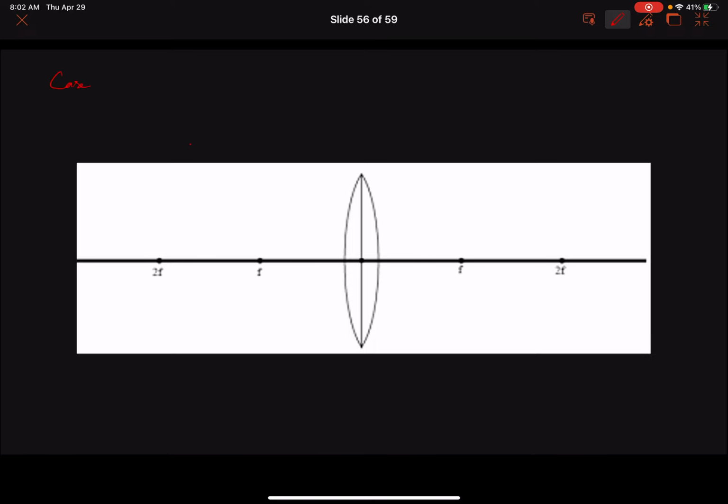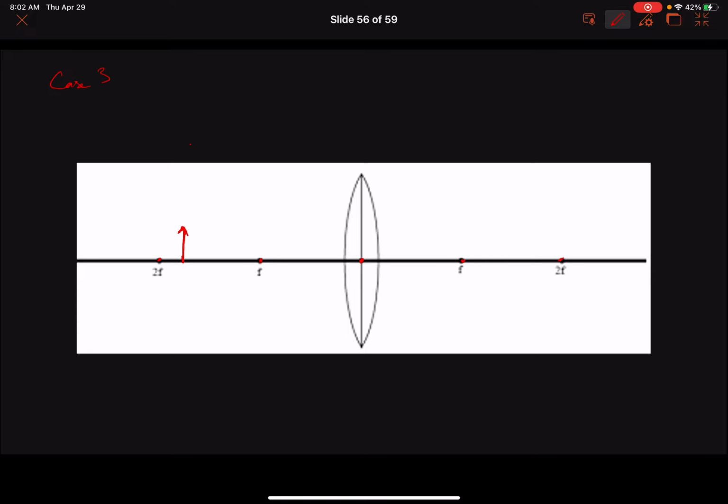Case 3: we're doing it where we have some sort of image in between 2F and F. Either way, you need some sort of way to have a clear version of this. Because of these measurements, 2F needs to be exactly double F. These need to be measured lengths. They need to be all exact whenever you actually do these.